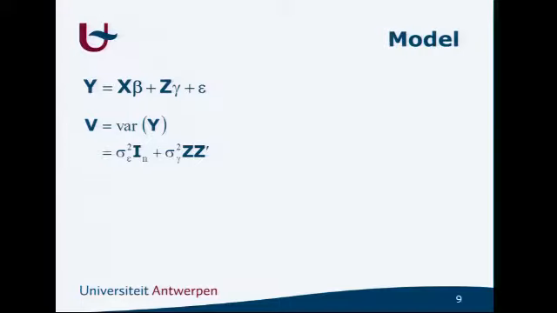Under all the assumptions that we've made for the model, the variance-covariance matrix of the response vector has this form: sigma squared epsilon times the identity matrix plus sigma squared gamma times Z Z transpose. That's the variance-covariance matrix, but we can rewrite that matrix a little bit. That's useful for later on in the presentation.